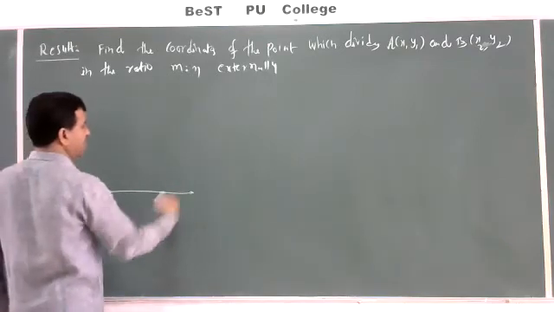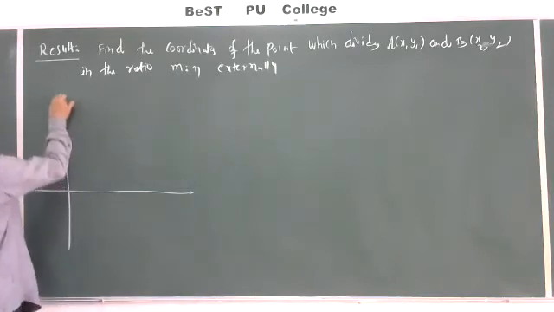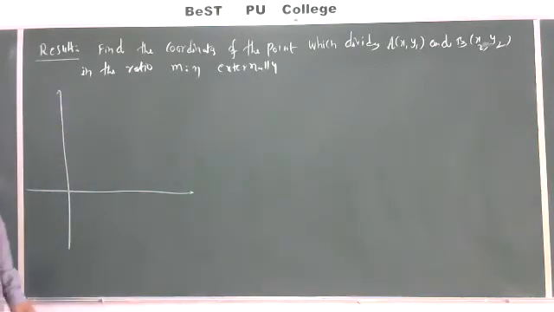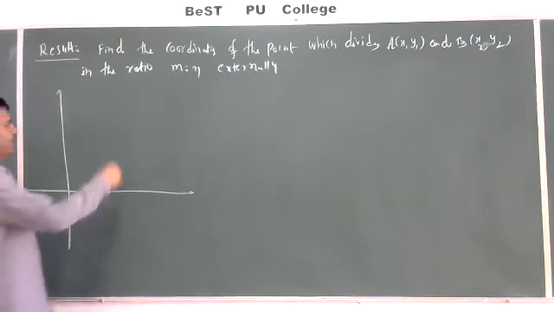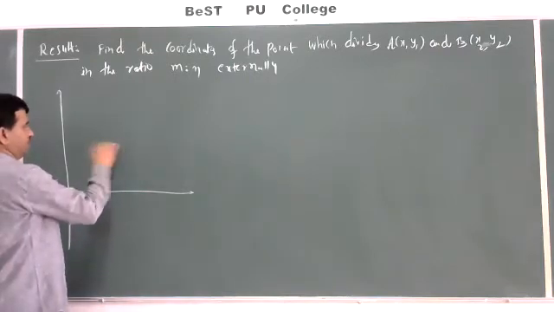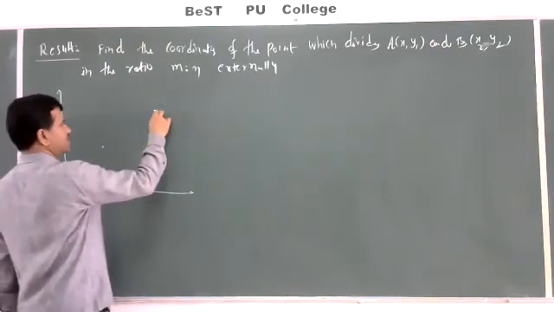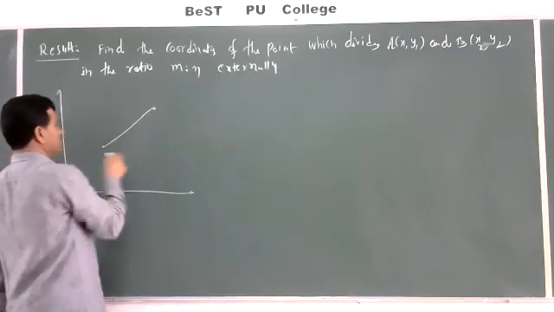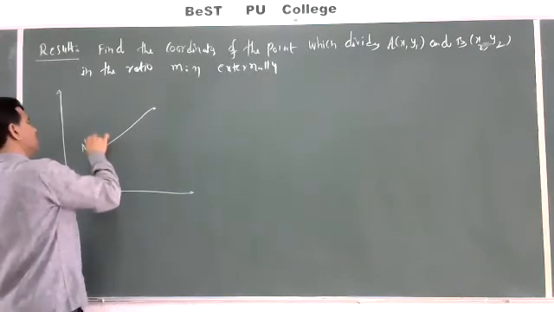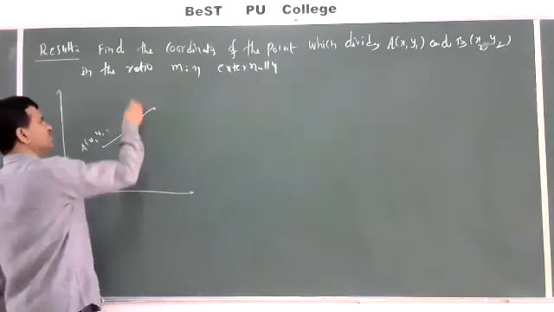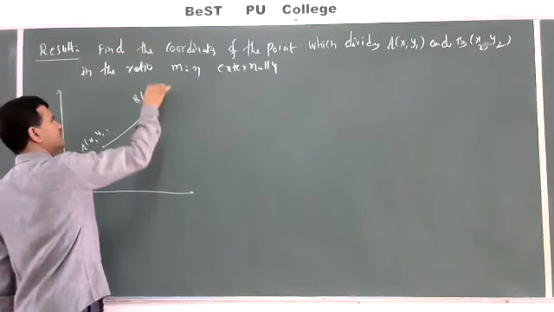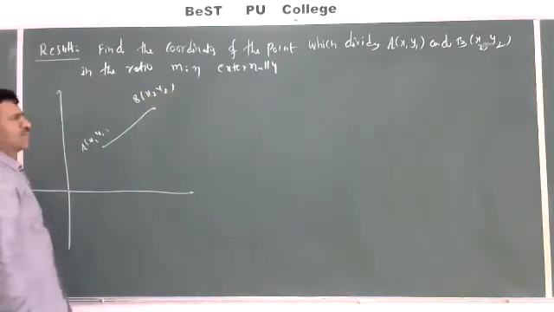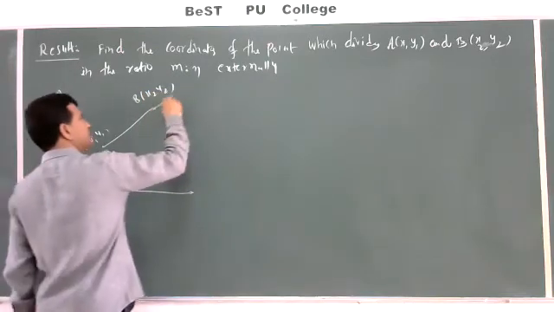The main construction is important here. Consider a rectangular coordinate system. Take the two points A and B. Join AB, A(x1, y1), B(x2, y2). So we'll find the coordinates of the point.